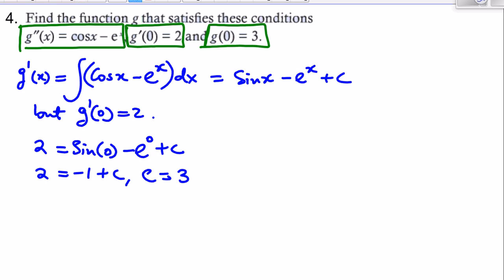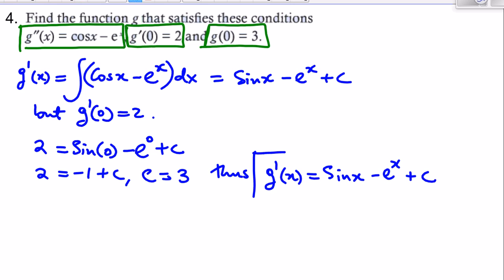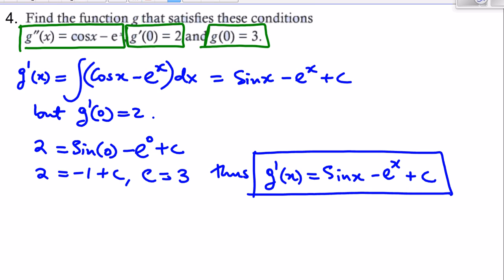So our gradient function g dash x will be equal to sine x minus e to the power x plus 3.